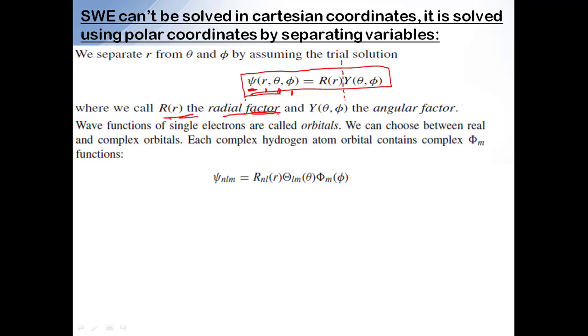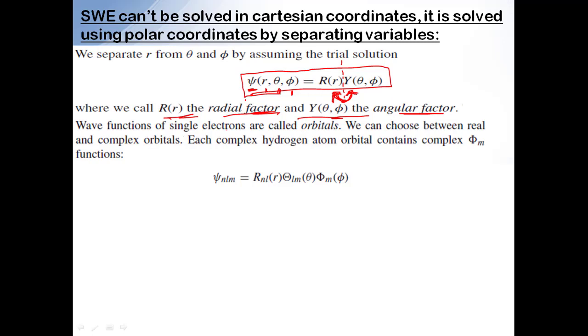R(r) is the radial factor and Y(theta, phi) is the angular factor. Both these terms have specific significance, and they give certain important things that we'll be seeing at a later stage in this slide also. But these two are different. R(r) is the radial part and Y(theta, phi) is the angular factor.